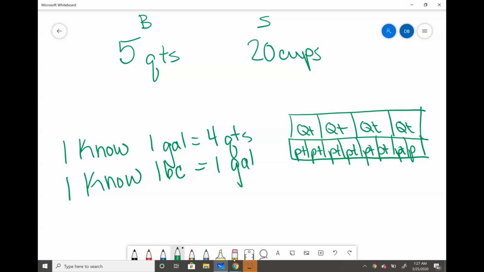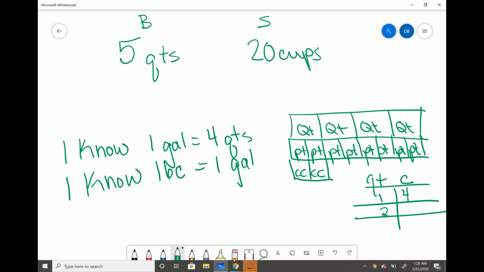And then I say, well, I'm trying to compare cups to quarts. Well, in each pint, there are 2 cups. So I see now that 1 quart is equal to 4 cups. So quart, cup, 1 quart equal to 4 cups.